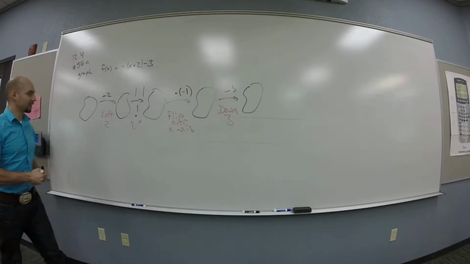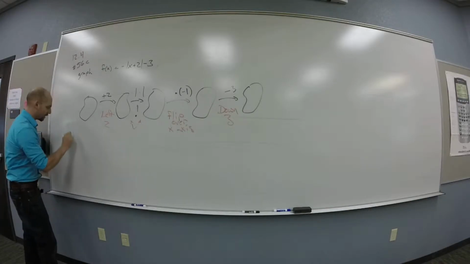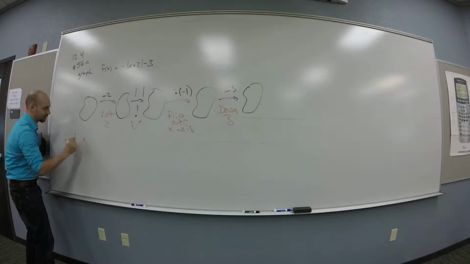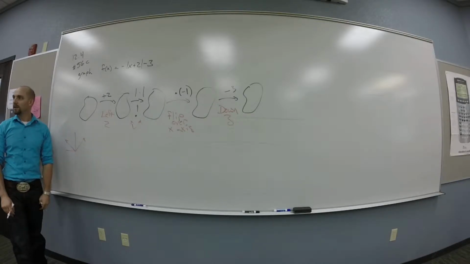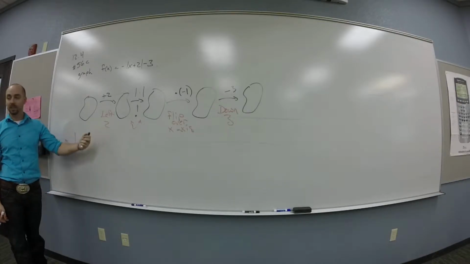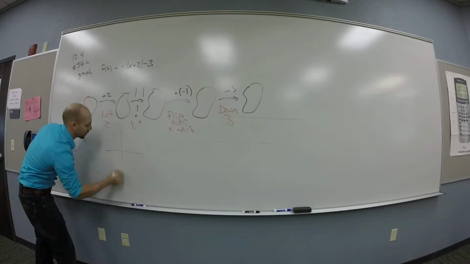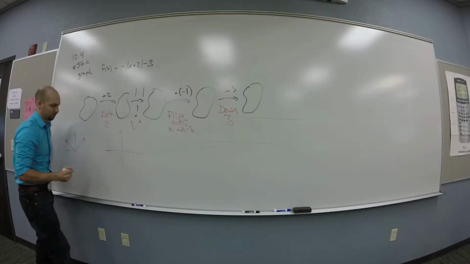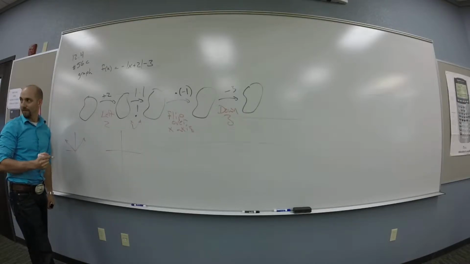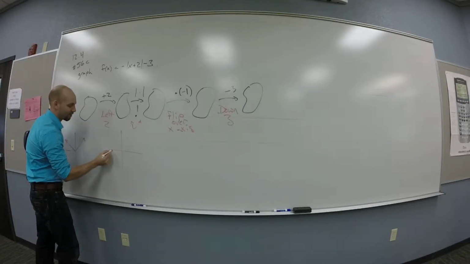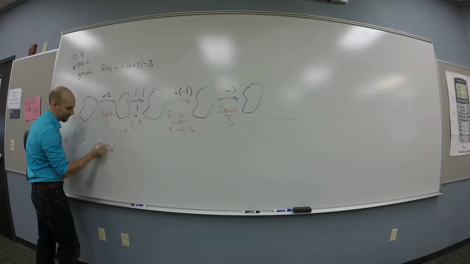So if I thought about these as, all right, I'm going to start over here with my absolute value graph, right? Then the first thing I'm going to do to it is shift left by 2. So I'm going to go here, left, right?